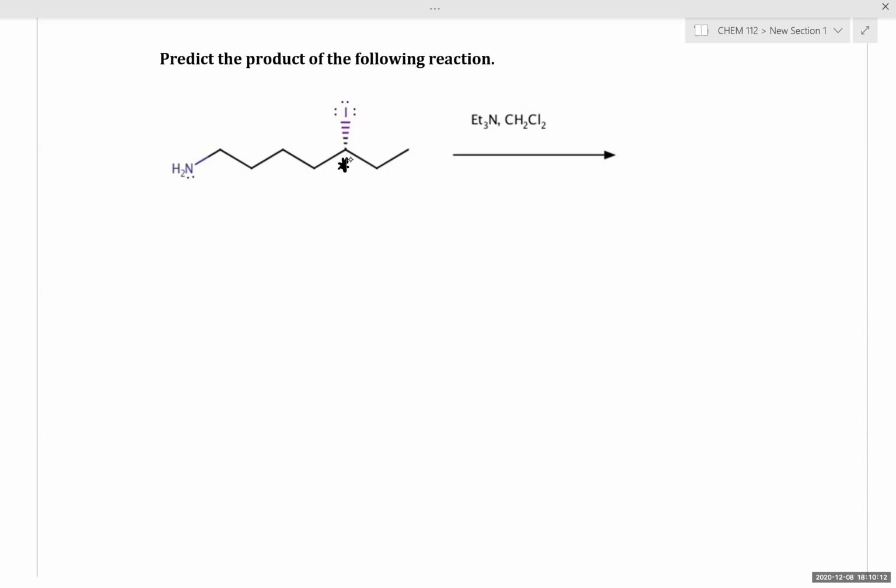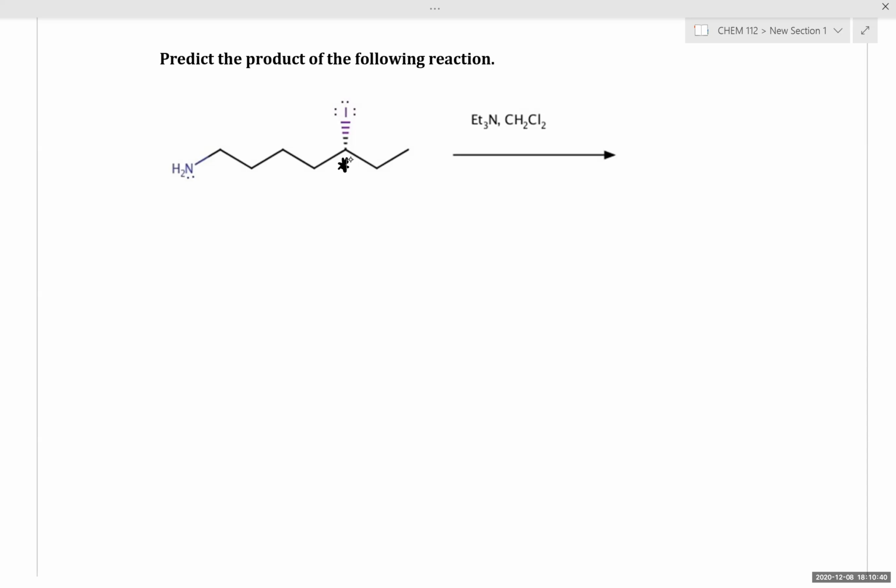Would anyone like to try to annotate a proposed mechanism or proposed structure for the product? Let's keep working through this example.